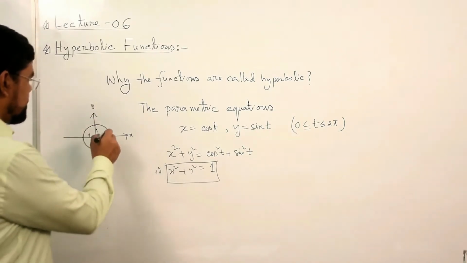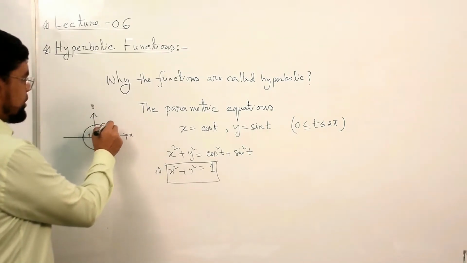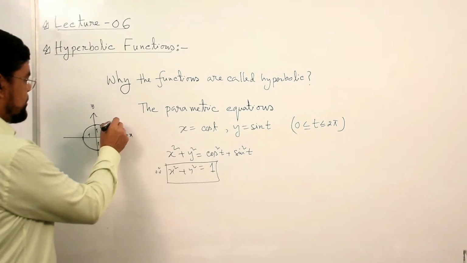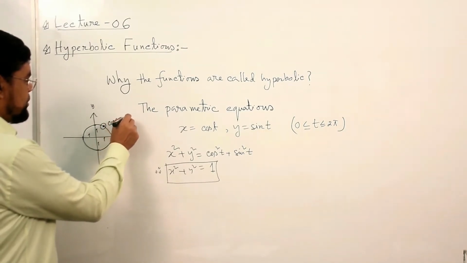So any point on this curve you can represent by cosine t, sin t.